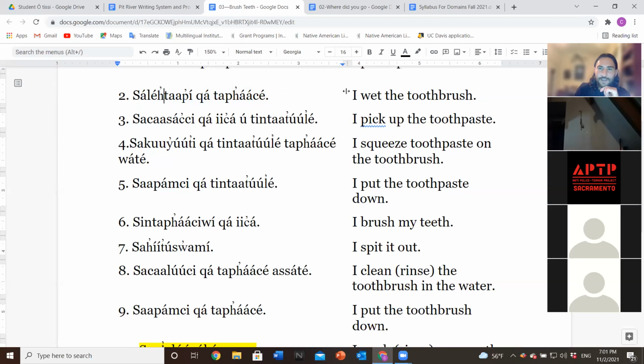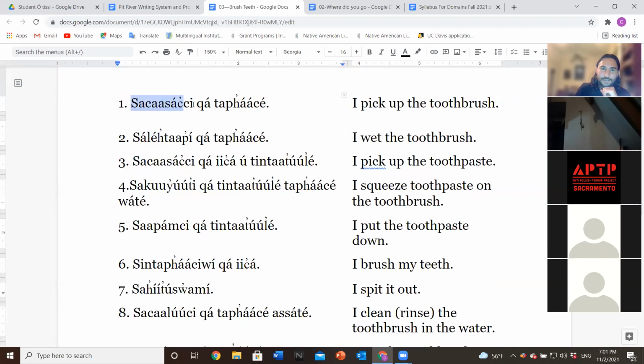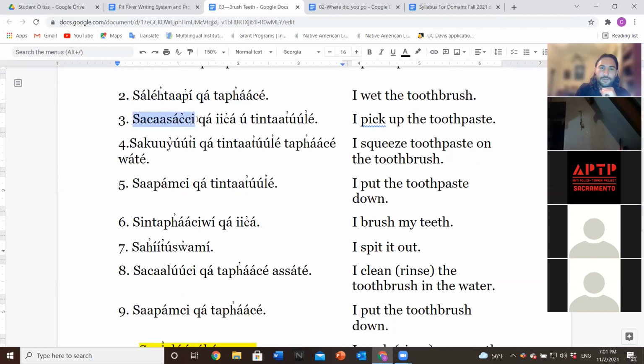Next, so that's I wet the toothbrush. And next we have Saja Sachji Baita U Dinda Tule. So I pick up the toothpaste. So it's just like number one, Saja Sachji. I pick up, and then Ga Ita U Dinda Tule.